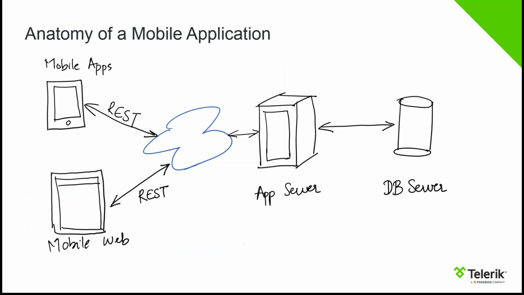All right, so without further ado, as we started with the mobile application, we just wanted to talk quickly about the anatomy of a mobile application and why we are talking about three different things during this presentation. On the extreme right is the database server.